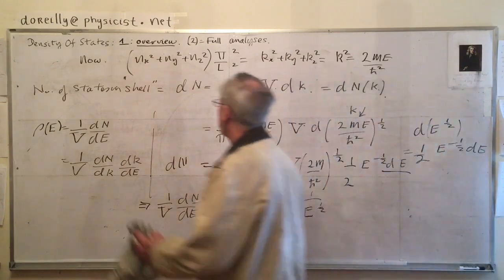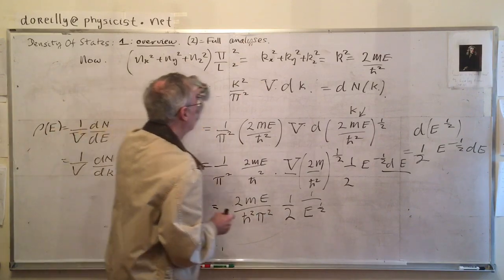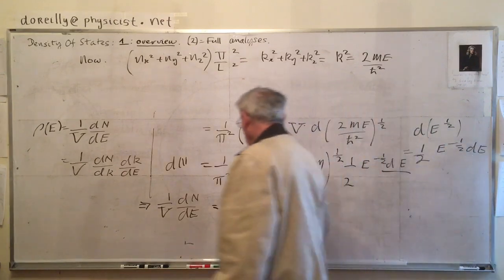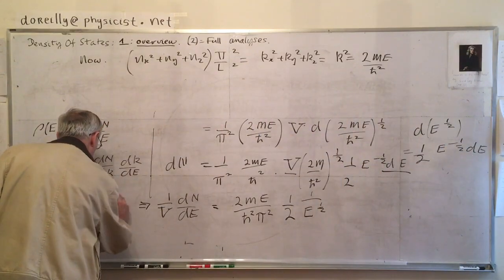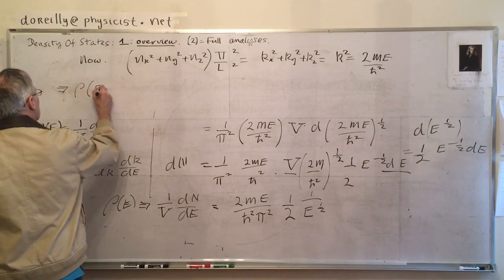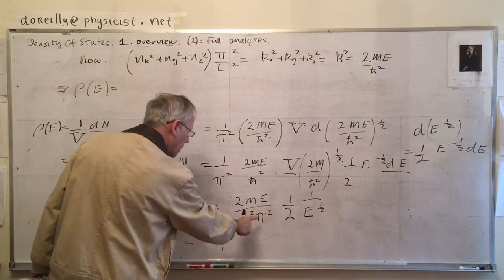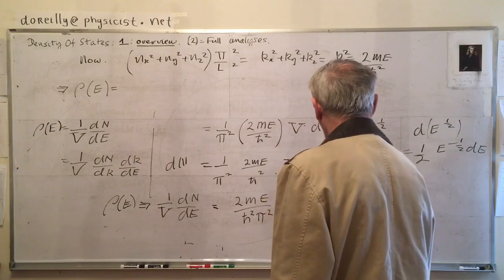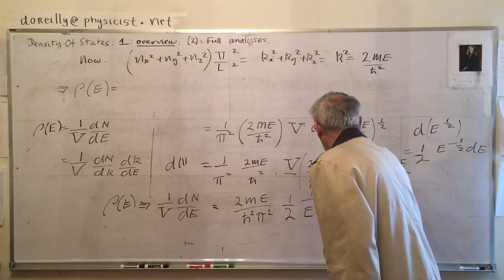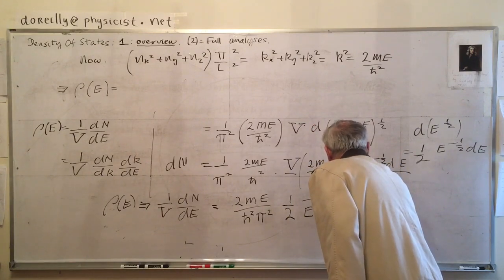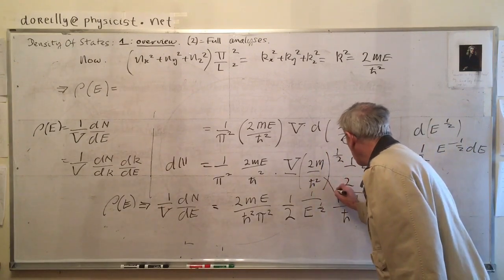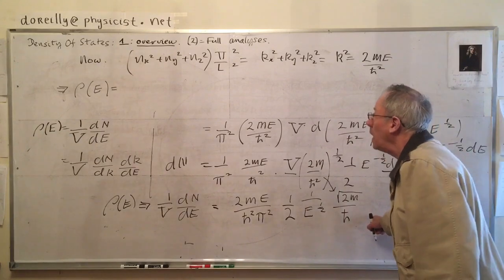So let's go back up here. See what we've got. This thing, this is rho of E. Now I'm missing something. Okay, 2m over h cross squared. I forgot those parts. They go in too. So now I'll bring all this up here.